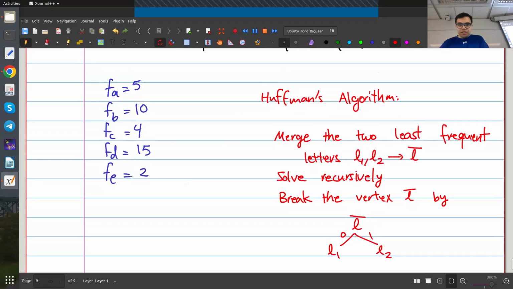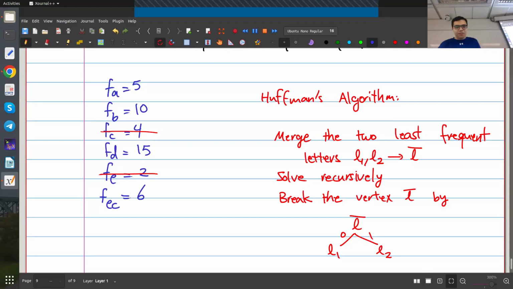Okay, let's do it here. So I'm going to take the 2 least frequent ones, which are E and C, and I'm going to merge them together. So I'm going to have a new letter, let's call it EC. Okay, and this letter, this is just one letter. I'm calling it EC, but it's one letter.